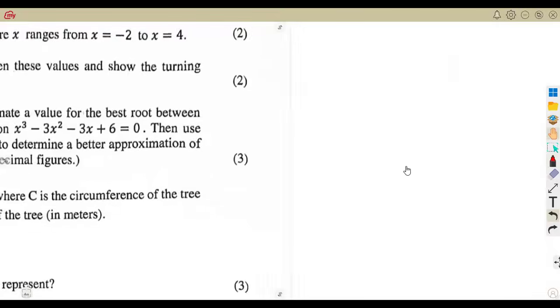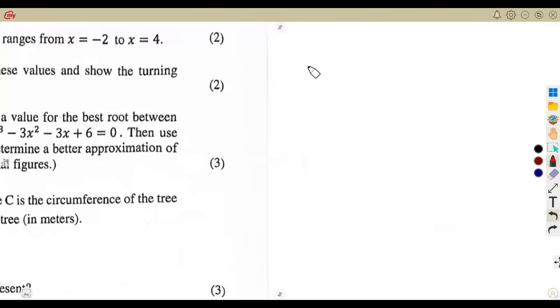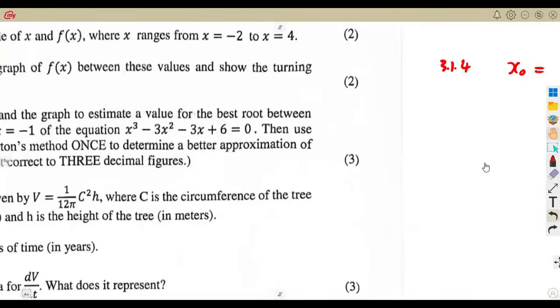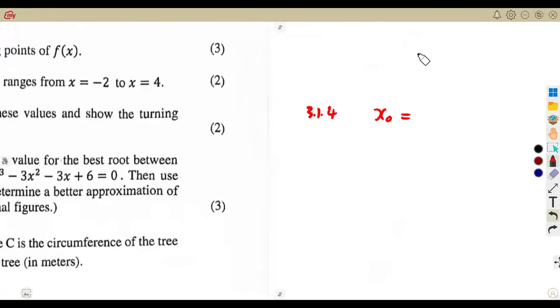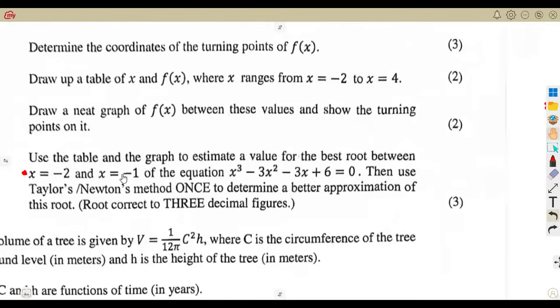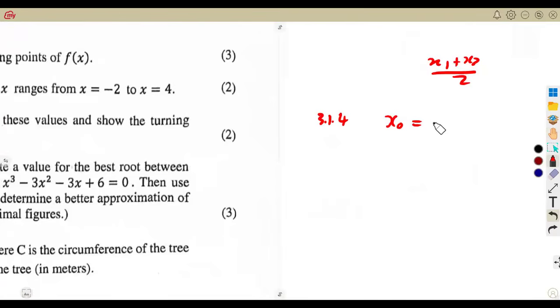So the best root between these two, we can just take that one as x naught, which is simply, we just add those values of x that you are given here, this -2 and -1. So if it is x1 and x2, just add x1 and x2 over 2. So that is -2 and -1, just add those two.